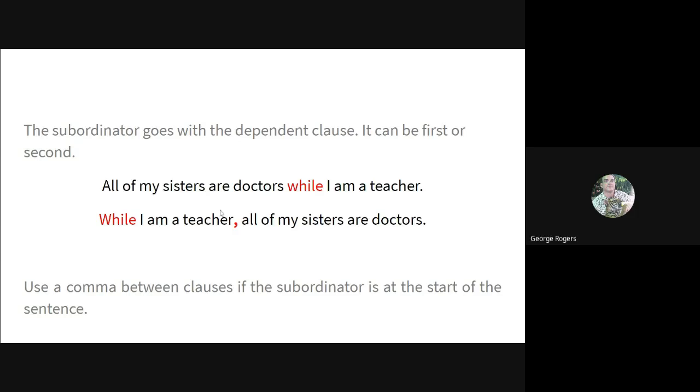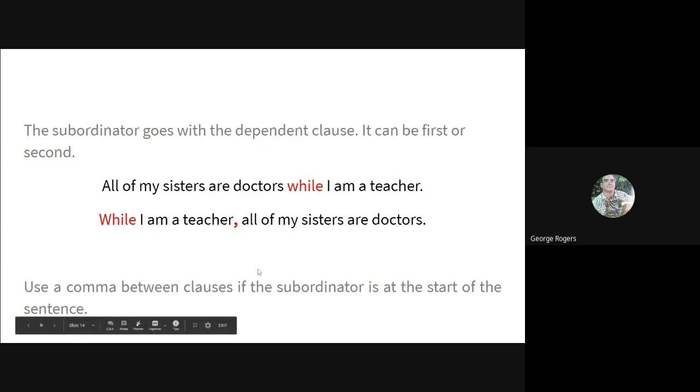Right? If we put the dependent clause first, while I'm a teacher, then we need to have a comma here. Notice no comma in the first one. While I am a teacher, comma, all of my sisters are doctors. So again, this is a little more important here.